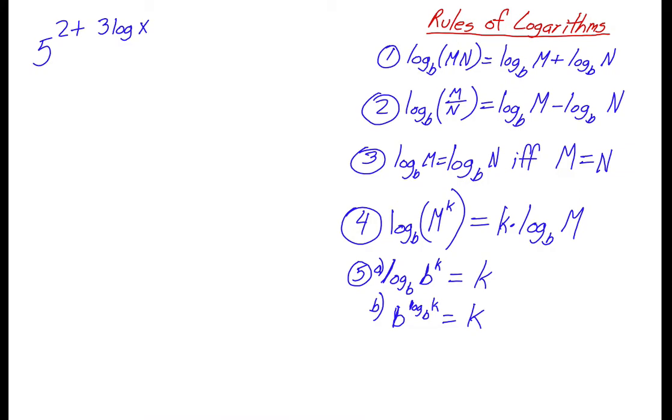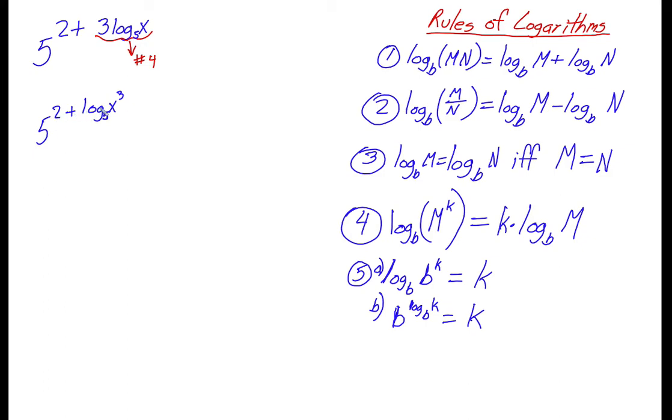One thing we might do is use rule number 4 for logarithms. I've got 3 times the log of x. That means this whole thing becomes 5 to the 2 plus, that 3 becomes an exponent inside the logarithm, the log of x to the 3rd. Sorry, I left a base off my logarithm. I want this to be the log base 5 of x. My mistake. This only works if the logarithm is going to be the same base here. So I apologize for that.